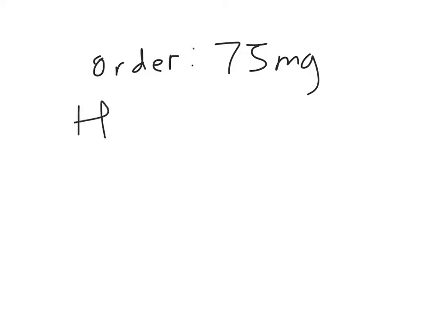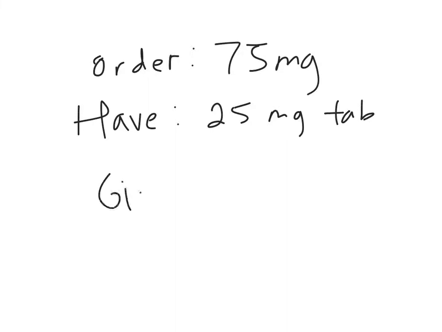Remember, we started last week by going over basic dosage calculations. If we have an ordered dose of, say, 75 milligrams of medication, and we look on the label to see what we have, and that medication comes in, let's say, 25 milligram tablets, then I just want to know what we're going to give this person.